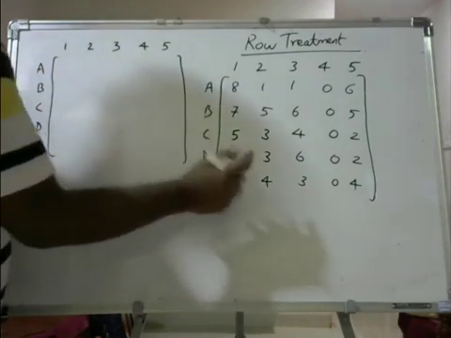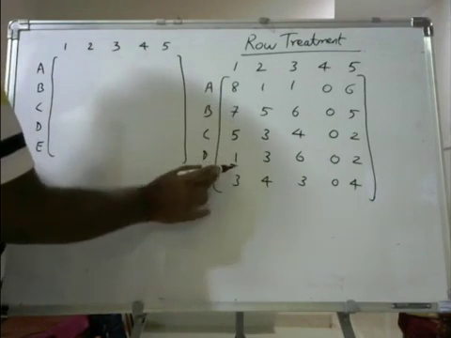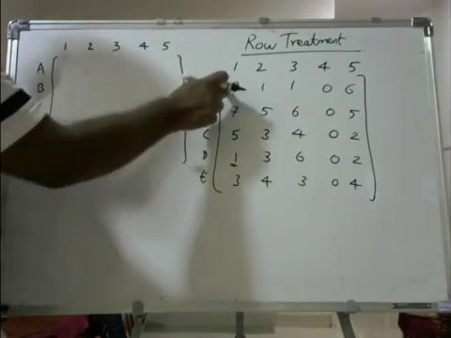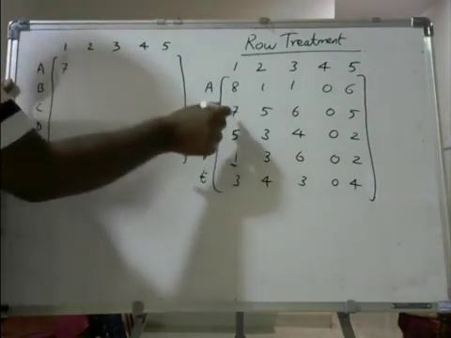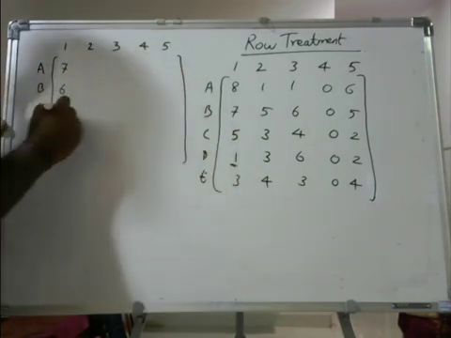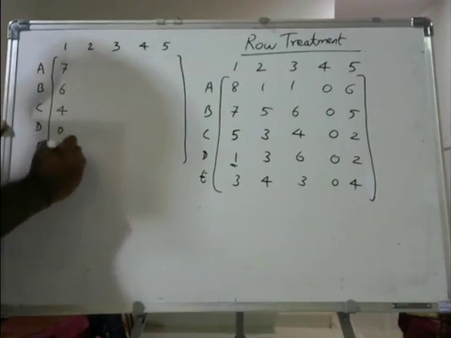Here in the first column, the least number is 1. So 8 minus 1 is 7, 7 minus 1 is 6, 5 minus 1 is 4, 0, 2.